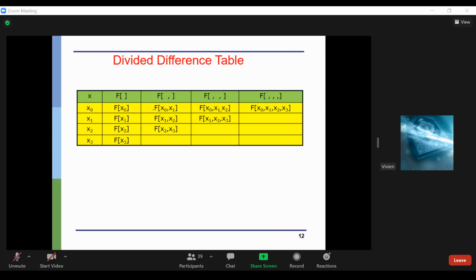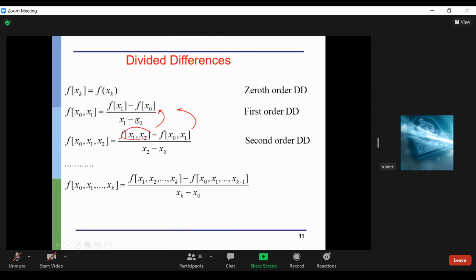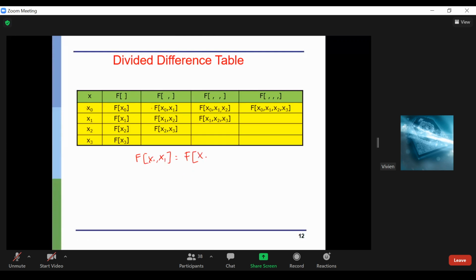So if we have F[x0, x1], that will be F[x1] minus F[x0] divided by x1 minus x0. So we calculate F[x1] minus F[x0] divided by x1 minus x0.